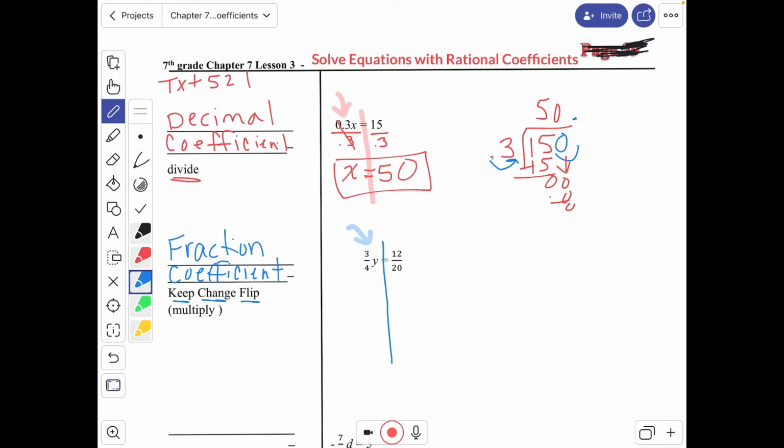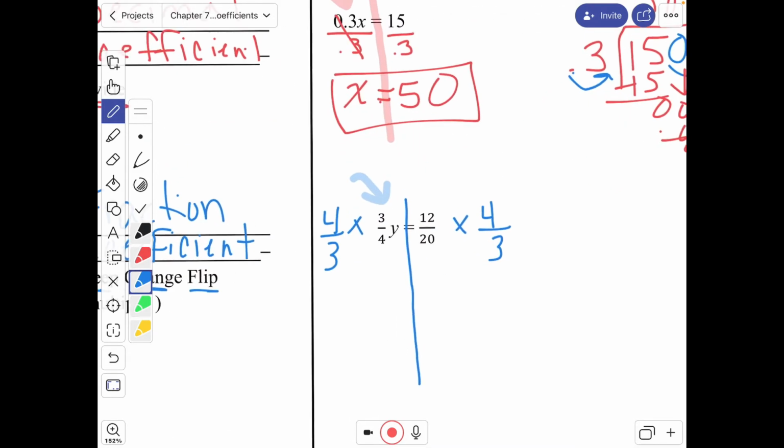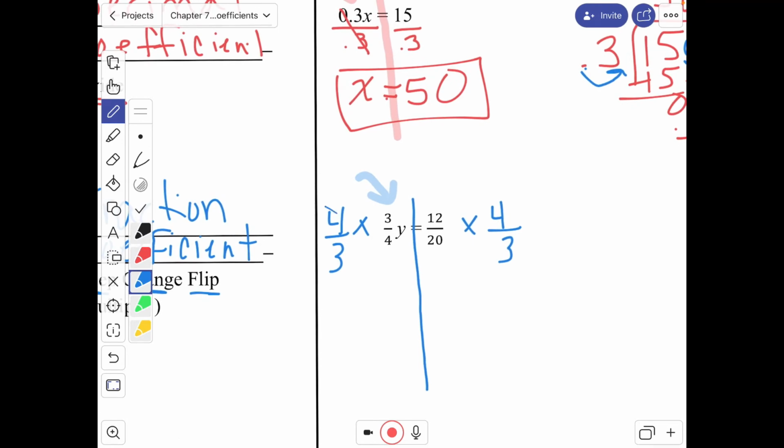So we are going to change to multiplication and flip, or take the reciprocal of that fraction. So really we're multiplying by 4/3 on both sides. And think of it as canceling. They cancel each other, and y is by himself.